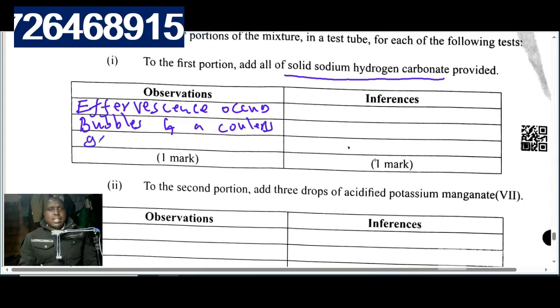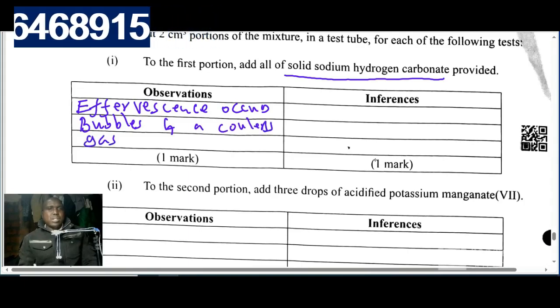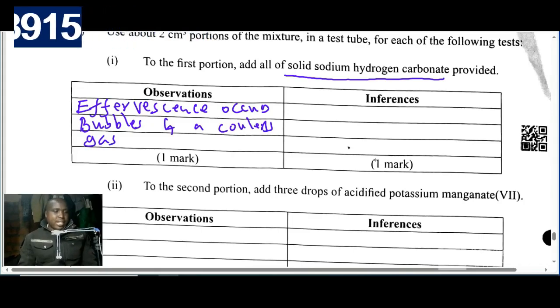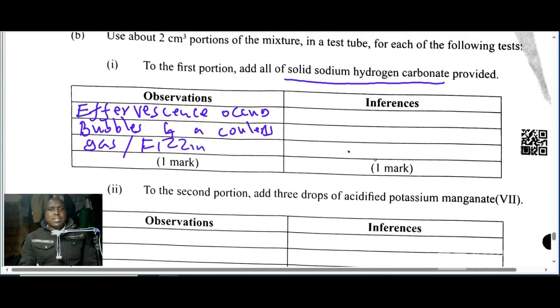Once you write bubbles of a colorless gas, you mean effervescence has occurred. Or if that is still hard, you can say fizzing occurs. So either of the three, you pick one. If that is the case, then it means an organic acid is present.